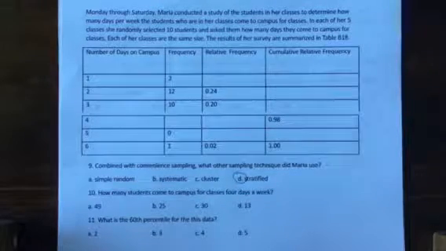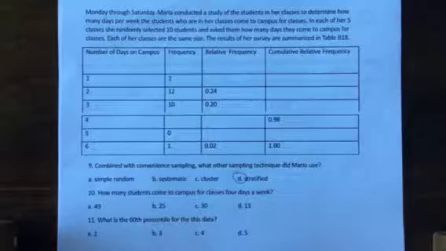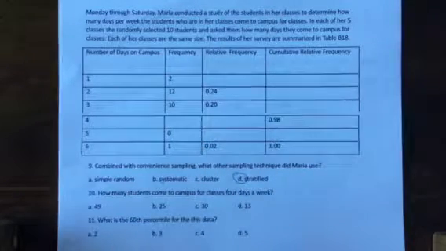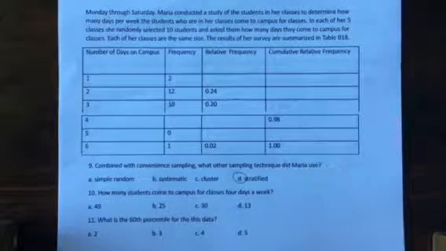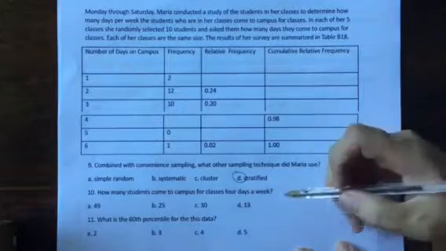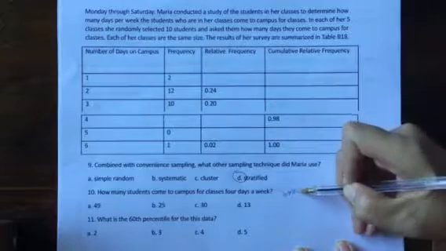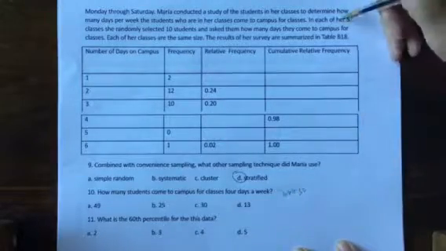All right. How many students come to campus for classes 4 days a week? So there's a missing number, you see? So we find the total. That's 50, and subtract all the numbers on the table from 50. The total is 50, that is 5 times 10.